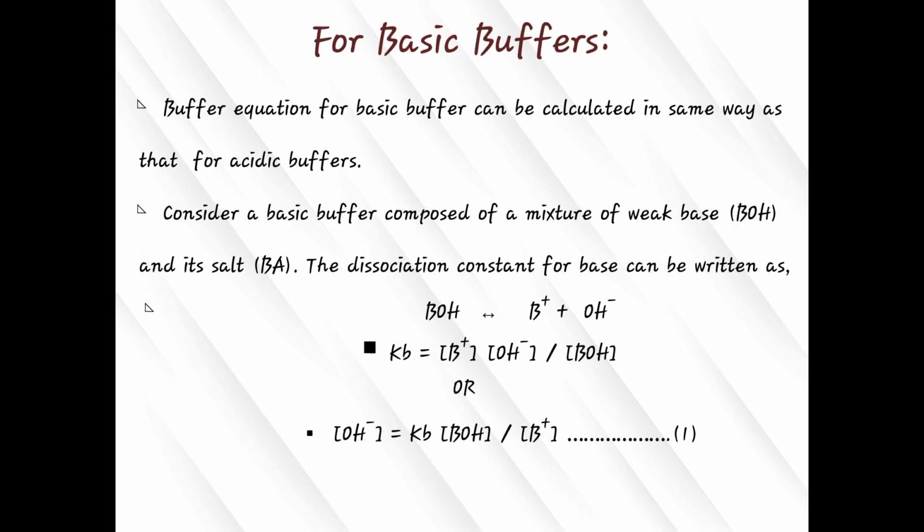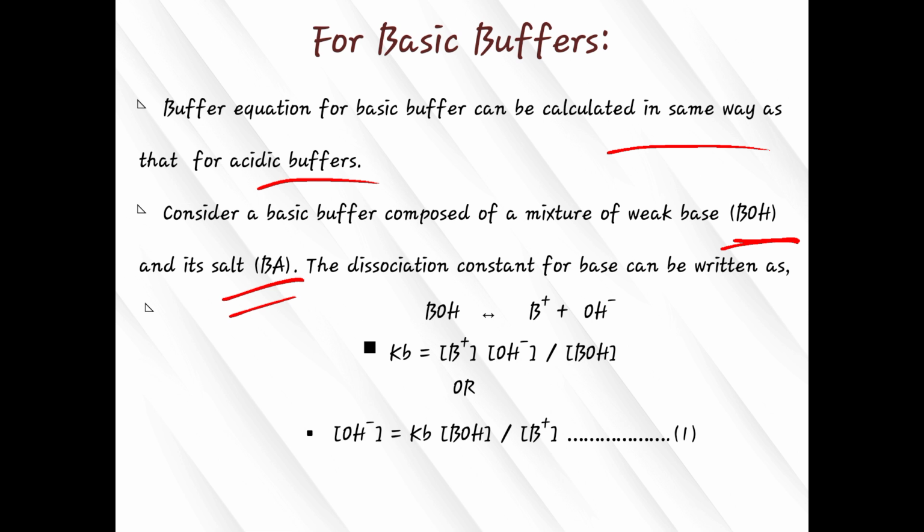Next, the buffer equation for a basic buffer can be derived the same way as for the acidic buffer. Consider a basic buffer composed of a mixture of a weak base BOH and its salt BA.